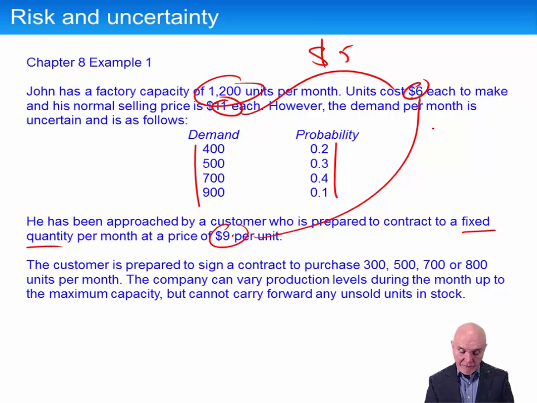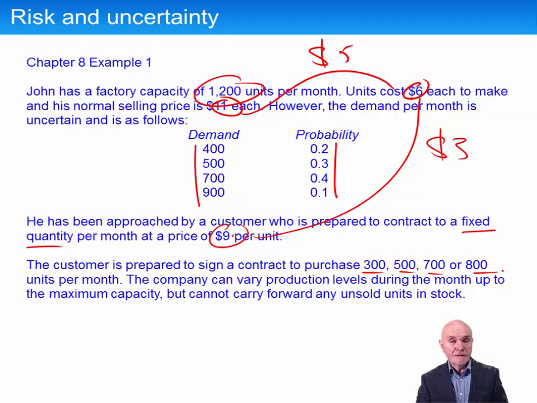We've got only a contribution of 3 per unit. And John has to decide how many units to sign up for. Should it be 300, 500, 700, 800? Because this special customer must get what has been contracted for. And if there are any units left, then that will go to the ordinary customers, the customer he's been supplying so far.